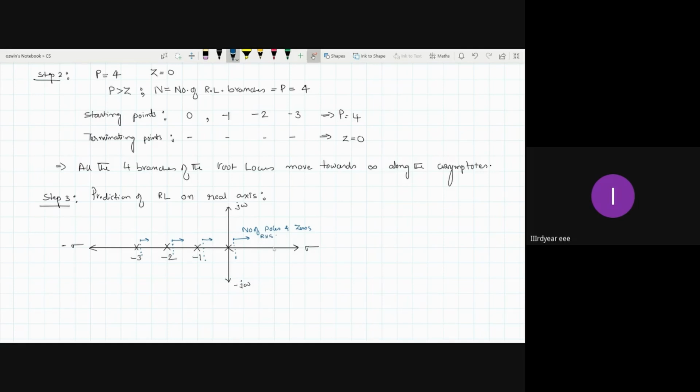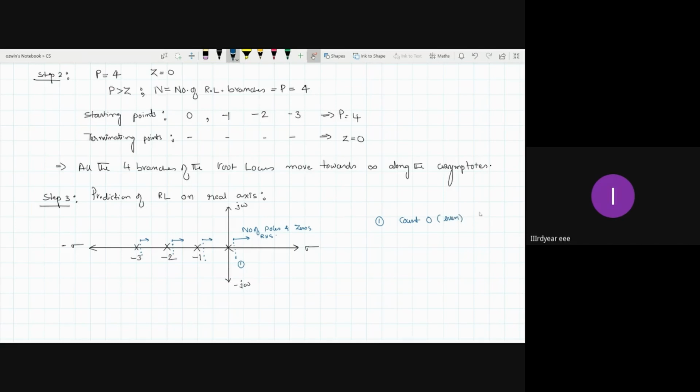If you keep this reference line and start counting the number of poles and zeros which are falling on the right hand side of this particular section, say section 1, you see that there are no poles and zeros present on the right hand side of section 1. So in section 1, the count is 0. 0 is an even number.